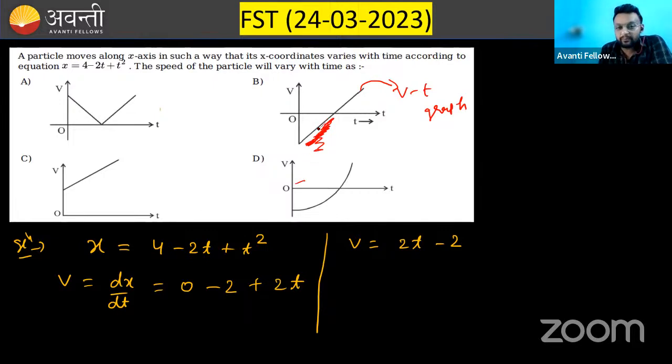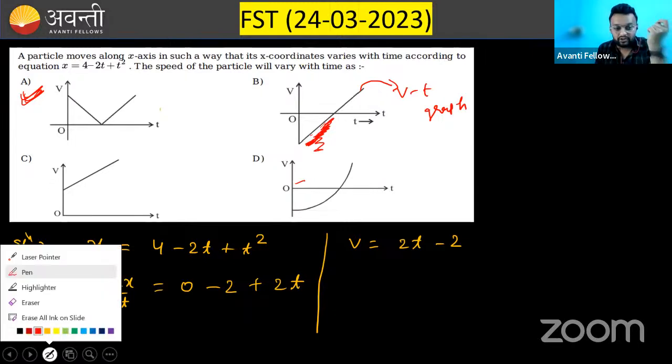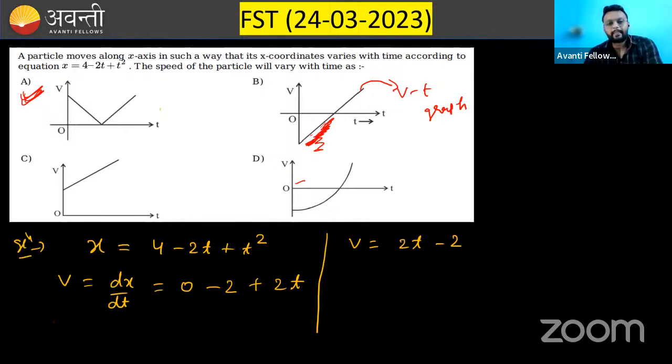So this portion is transformed here, and the correct option is A, because speed can never be negative. Okay, so I think these two questions are clear. Make sure that you focus on each word of the question.